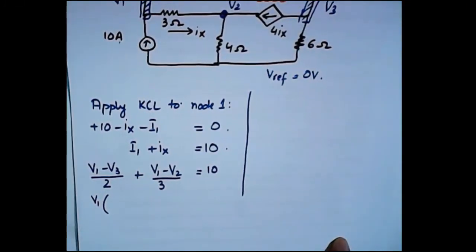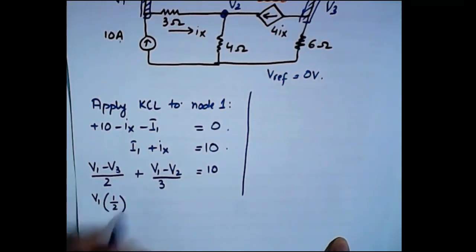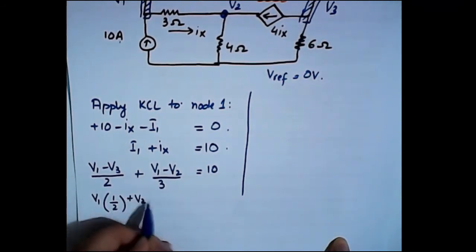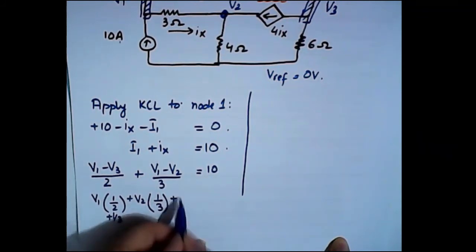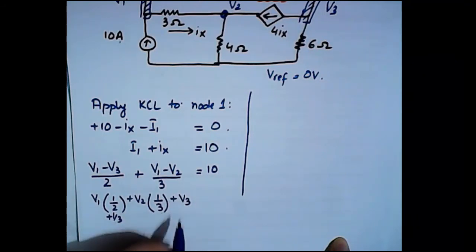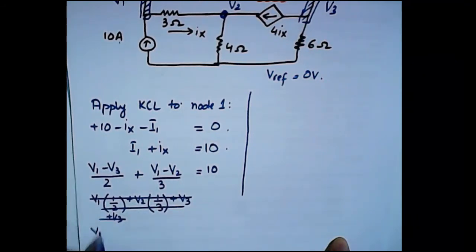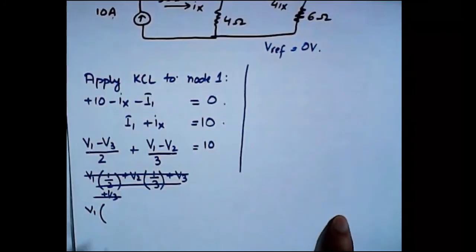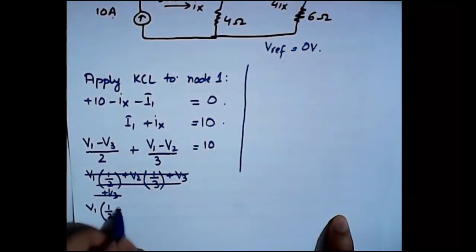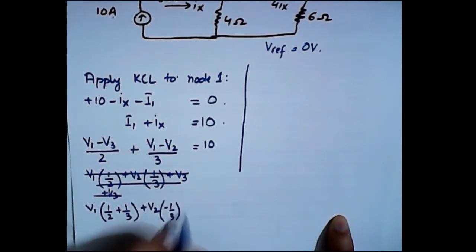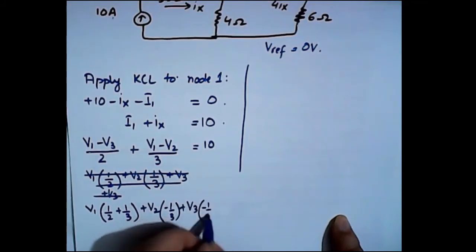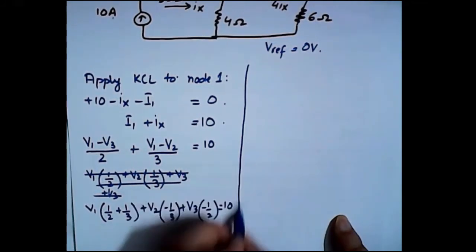It will become V1 (1 upon 2 plus 1 upon 3) plus V2 (minus 1 upon 3) plus V3 (minus 1 upon 2) is equal to 10, right?